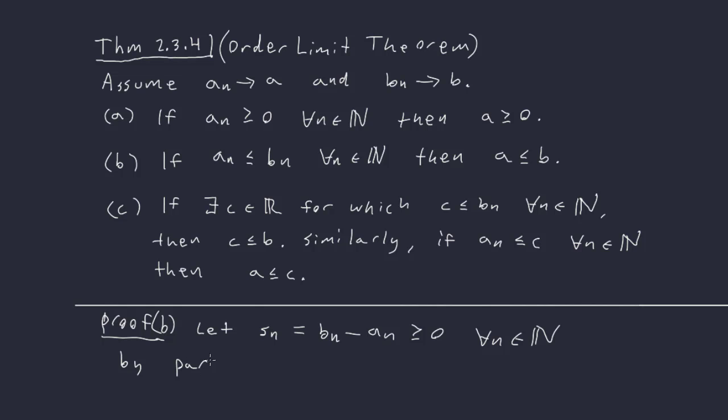By the last theorem, by the algebraic limit theorem, Sn, which is equal to Bn minus An, converges to B minus A, right? So that's what I need first.